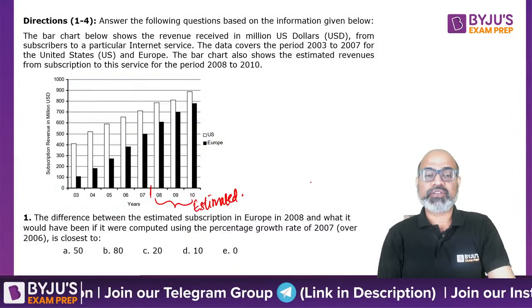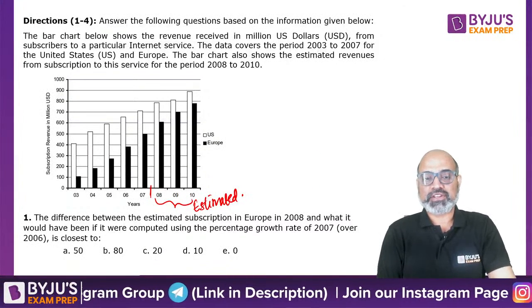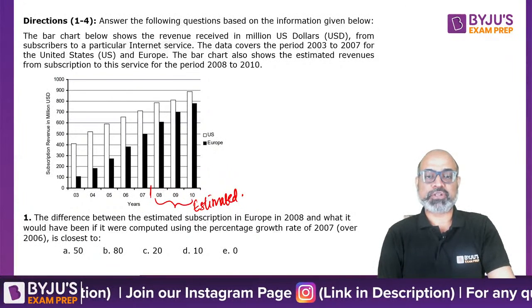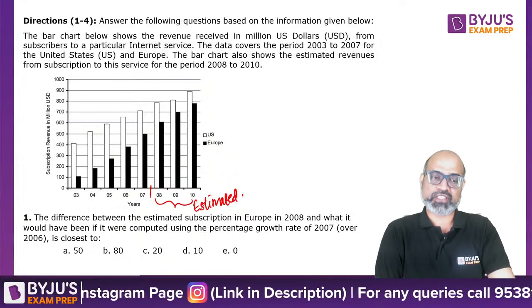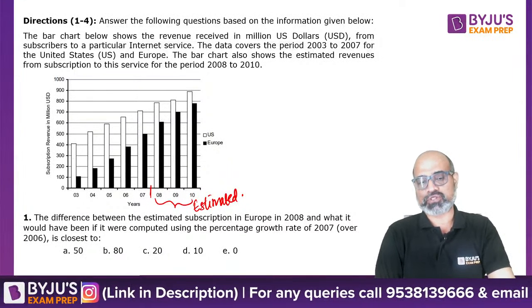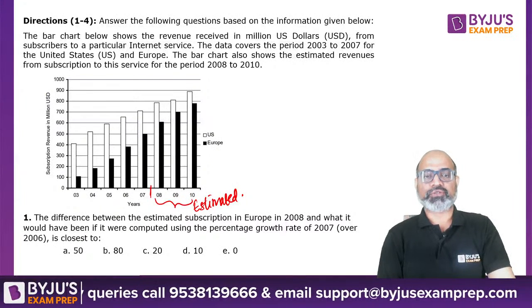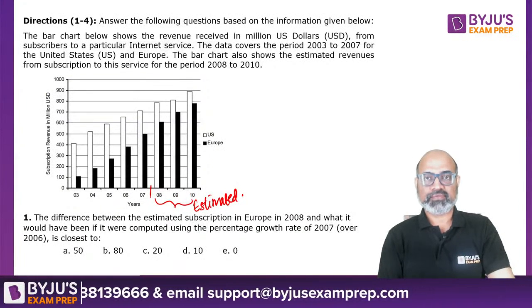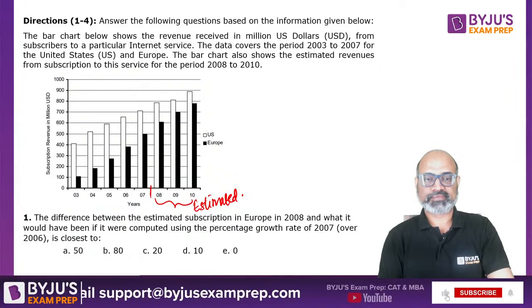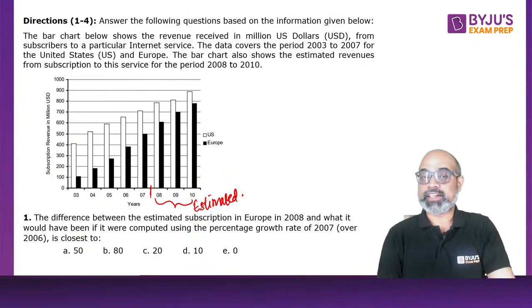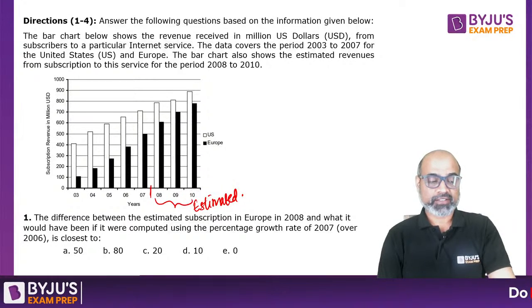So the difference between the estimated subscription in Europe in 2008 and what it would have been if it were computed using the percentage growth rate of 2007 over 2006 is closest to. What will be the answer? How will we calculate it? What does this question mean?